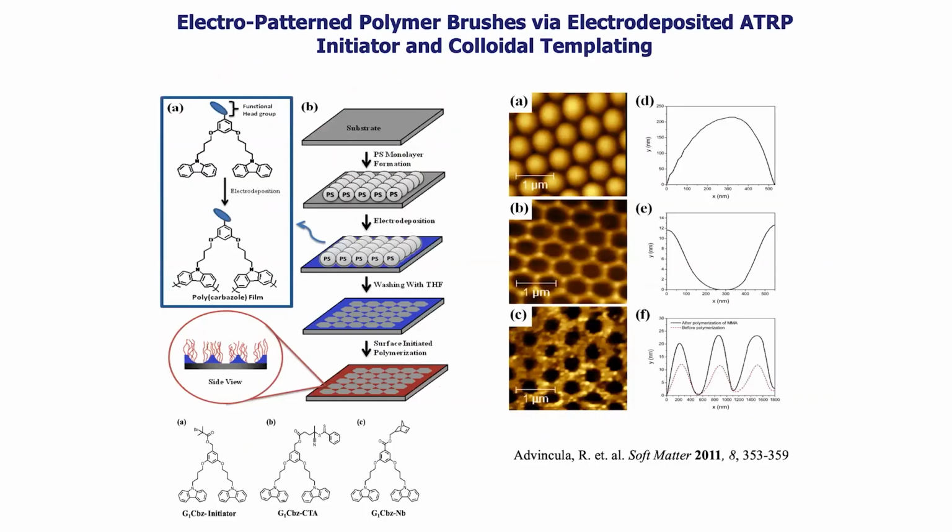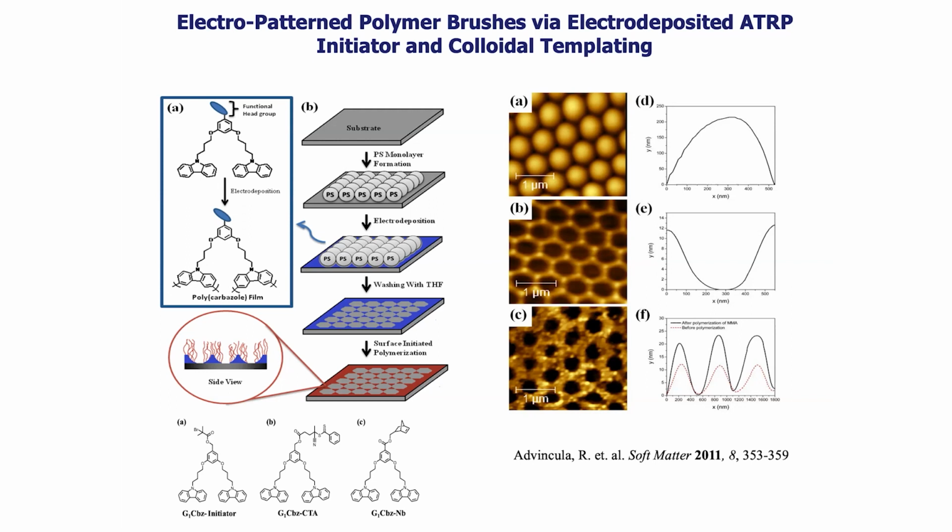We have then demonstrated the possibility of actually grafting the polymer brushes themselves on these conducting polymers by the use of electropolymerizable conducting macroinitiators for ATRP, or RAFT, which stands for reversible addition-fragmentation chain transfer polymerization, and then the use of metathesis macroinitiator systems.